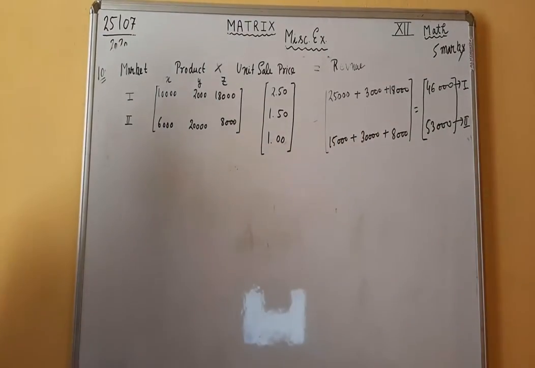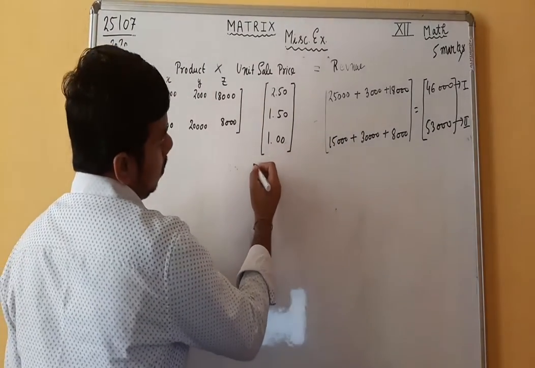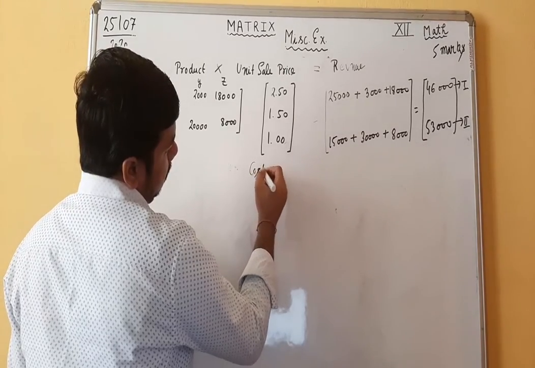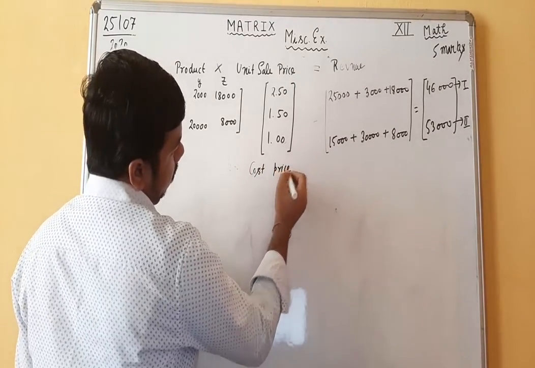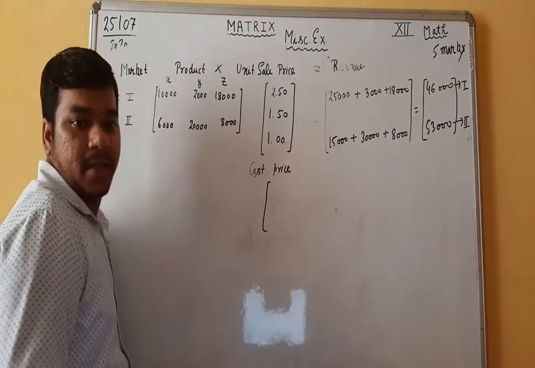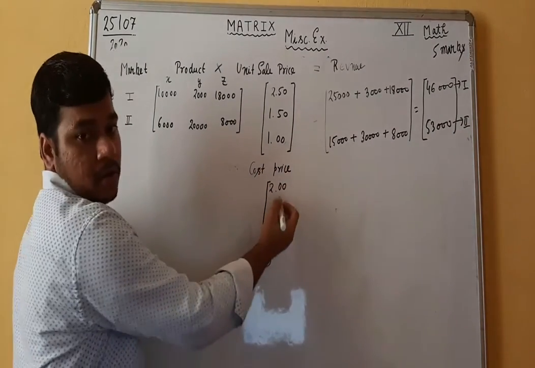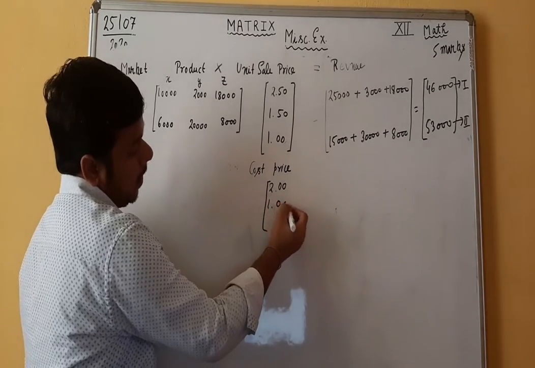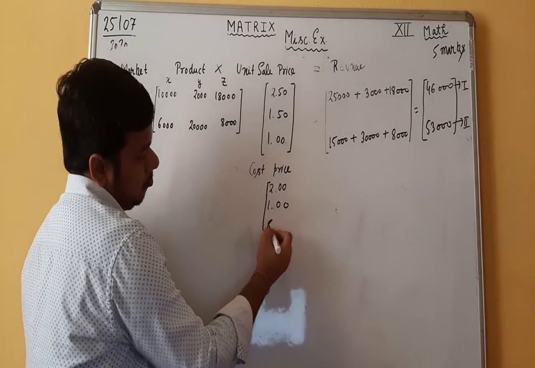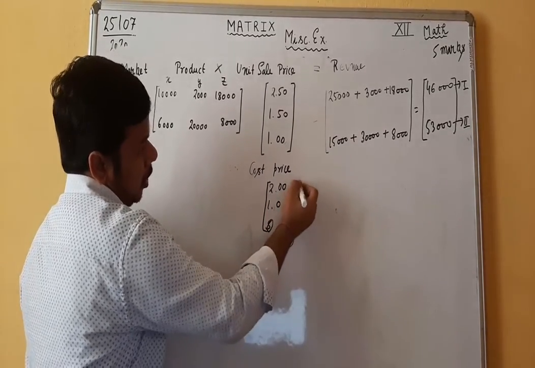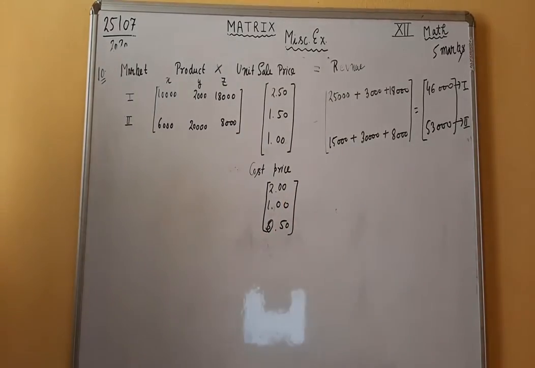Now in the second part we have been given the cost price. Cost price is 2, 1.0 and 50 paise. Now we have to find the gross profit.